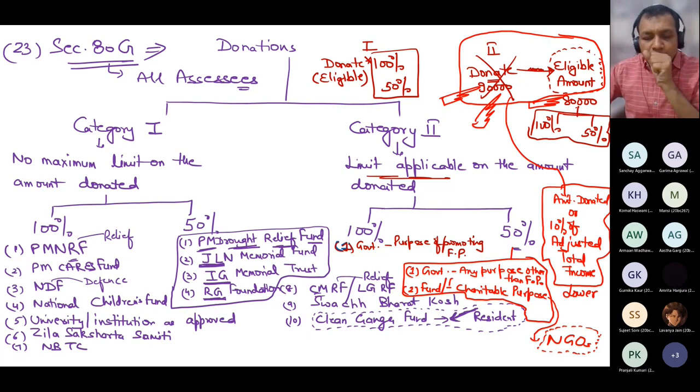Now, there can be lakhs of charitable purposes. There are lakhs of NGOs which are operating in India. If those NGOs want income tax act deduction, then they have to separately apply under section 80G to get this certificate. For example, I am a member of one NGO, Save Life Foundation.